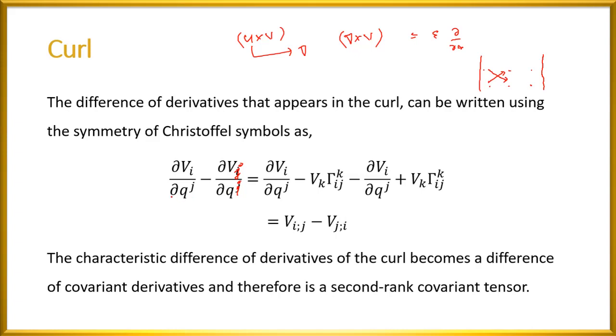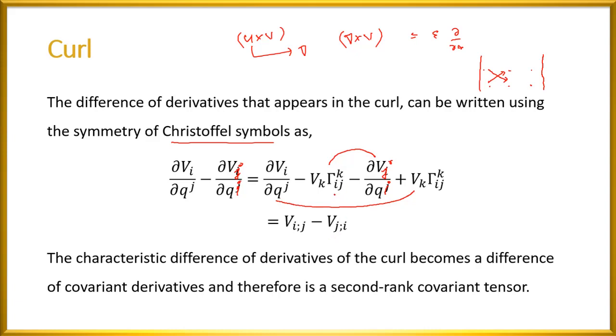See, this term notation here can be adjusted using the symmetry of the Christoffel symbols by adding and subtracting Christoffel symbols. Therefore, we have added a Christoffel symbol. We can add and subtract two Christoffel symbols. Therefore, these can be clubbed together to write the covariant derivative of Vi,j, and these can be clubbed together to write the covariant derivative of Vj,i.